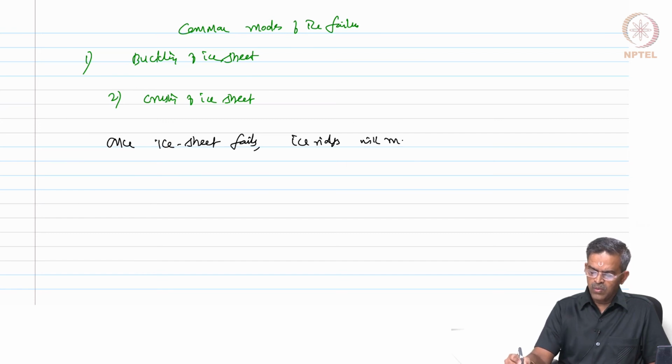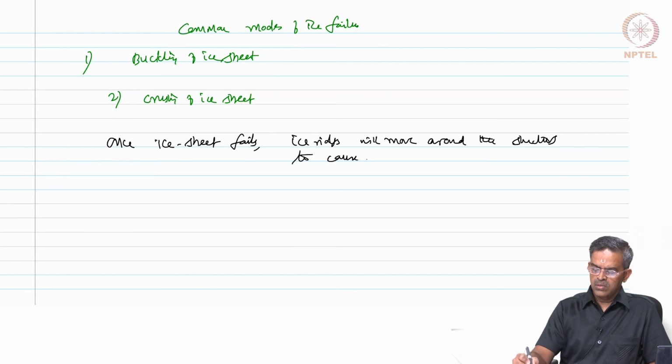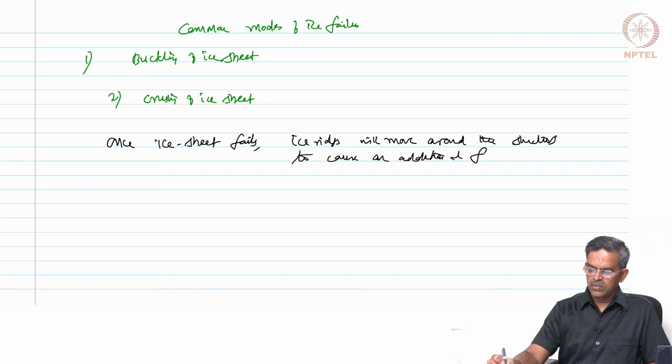Ice ridges will move around the structure to cause an additional impact force on the platform.